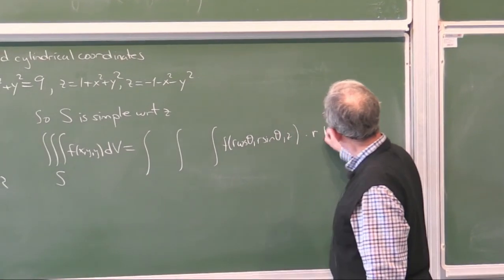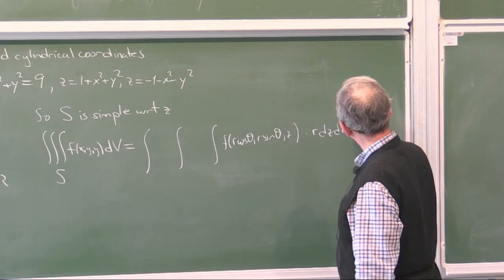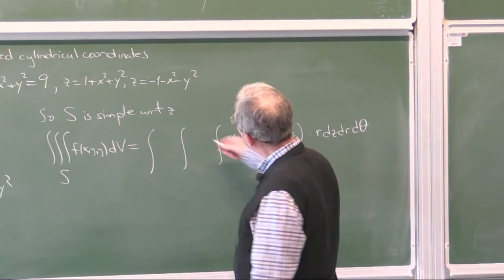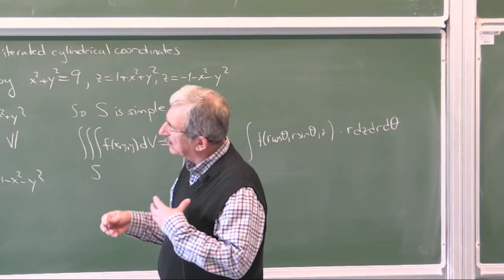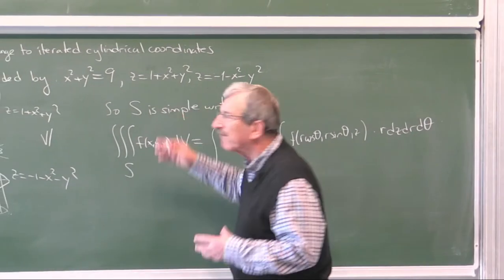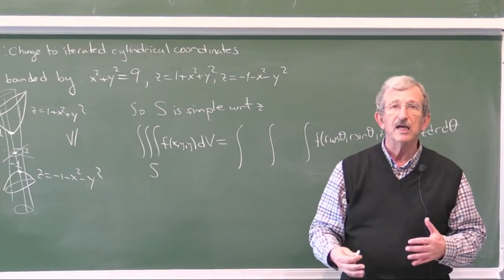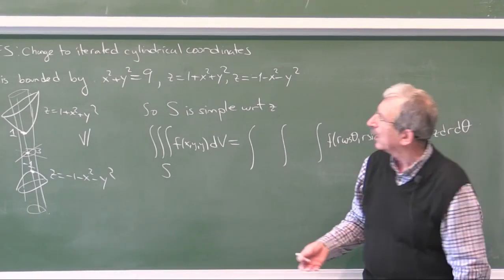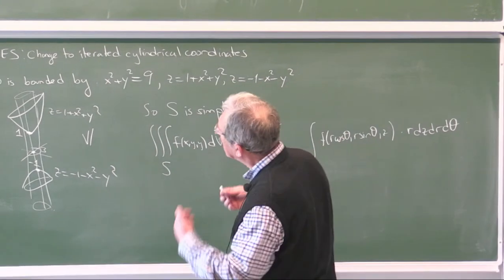And of course, we have r dz dr d theta. Okay. Well, it's simple with respect to z. This statement is valid in Cartesian as well as in cylindrical coordinate system. Okay. Because z is the same z.